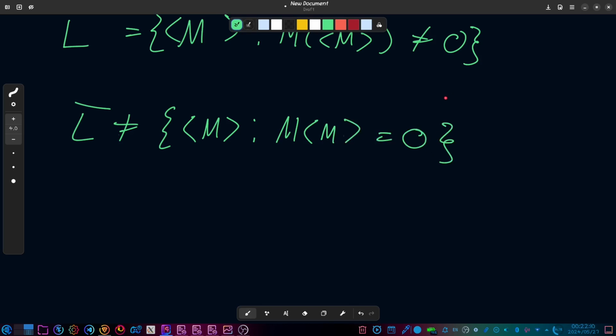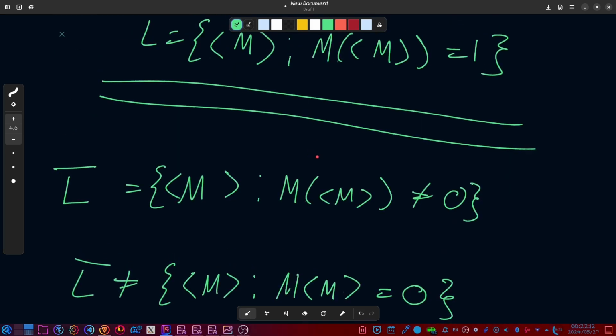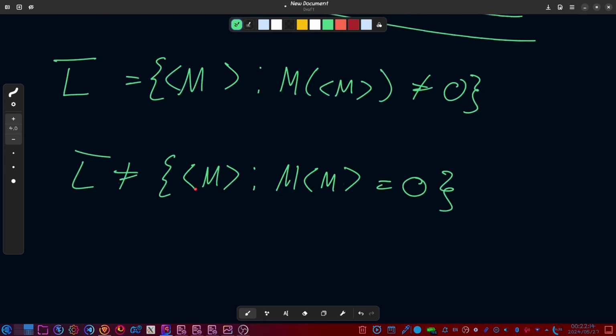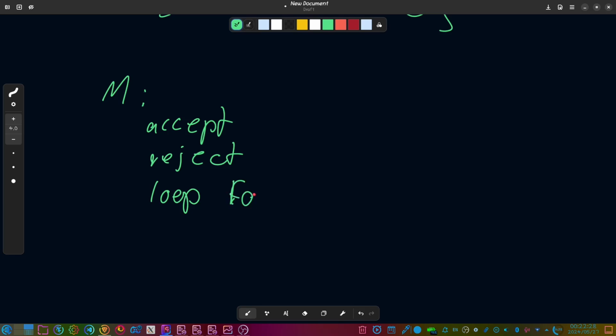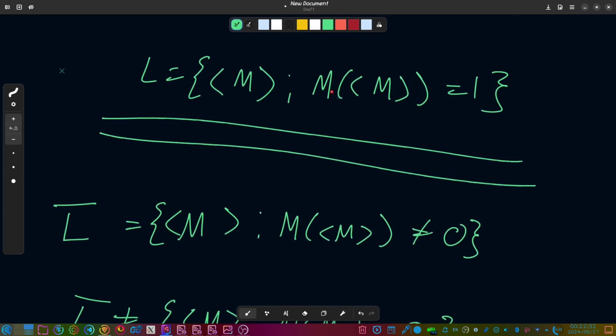Why do I say that? Because remember, a Turing machine on a given input can do one of three things: accept, reject, or loop forever. So the complement of this language isn't just the set of Turing machines that reject themselves, it's the set of Turing machines that reject themselves or loop forever on themselves.